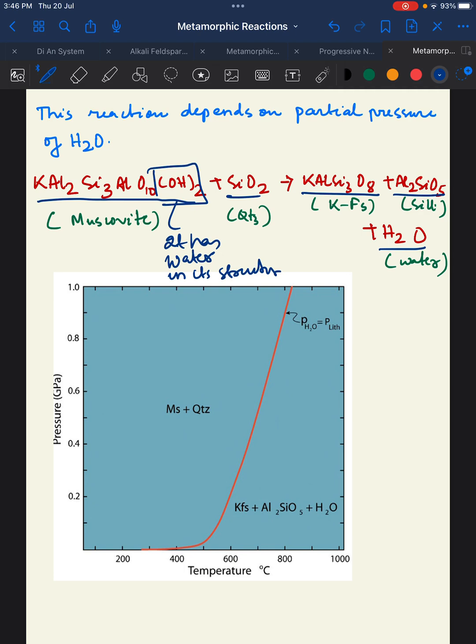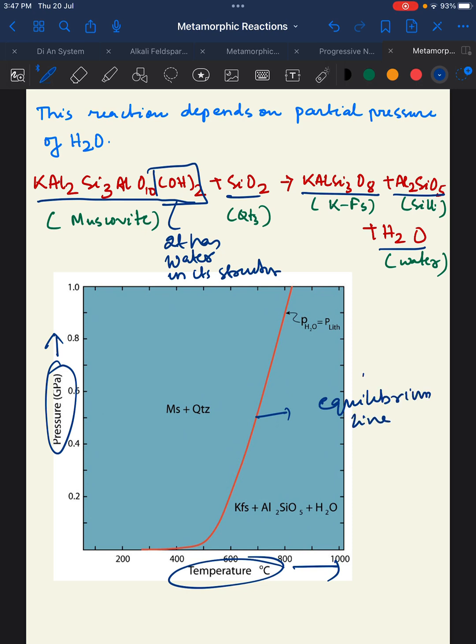In this case, this is the pressure side, this is the temperature. This line is the equilibrium line. This is the pressure temperature equilibrium line. This side muscovite plus quartz is stable, and this side K feldspar plus sillimanite and water is stable.